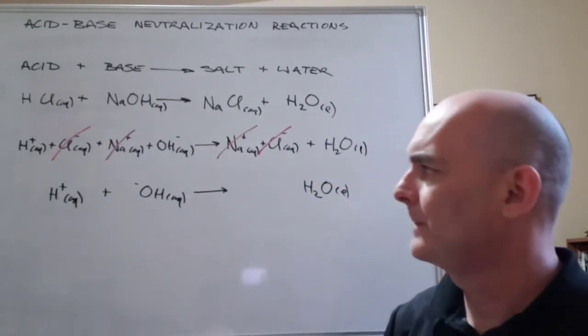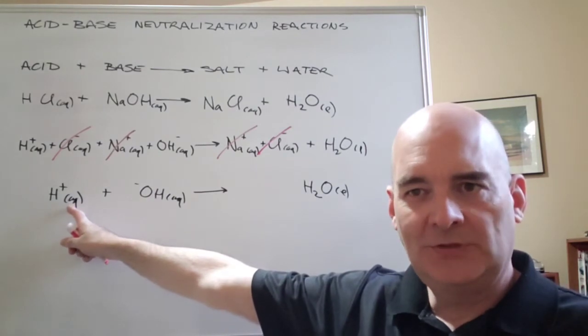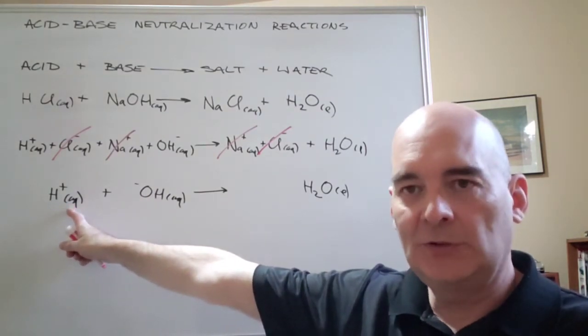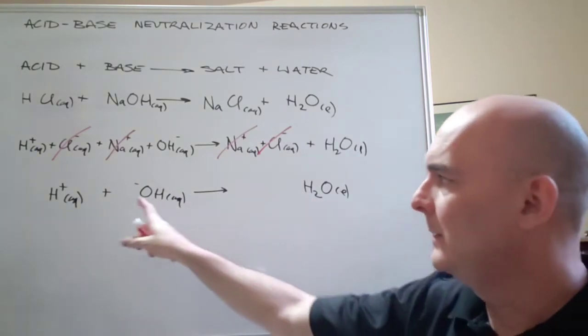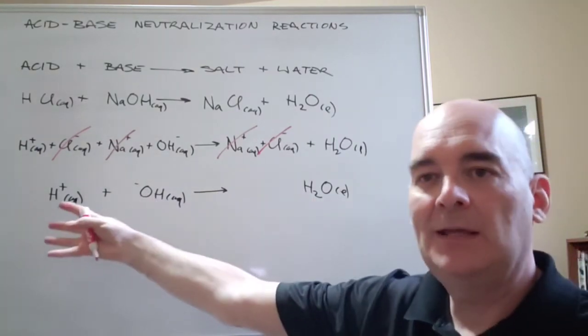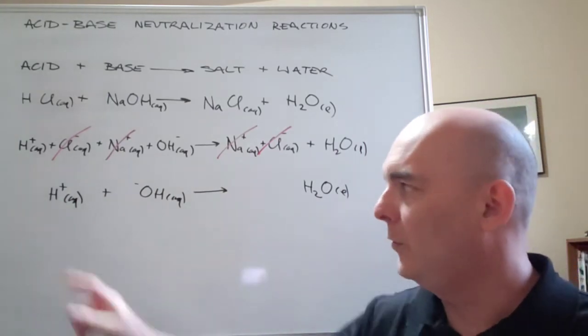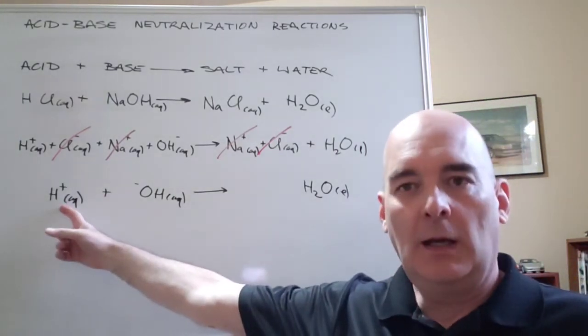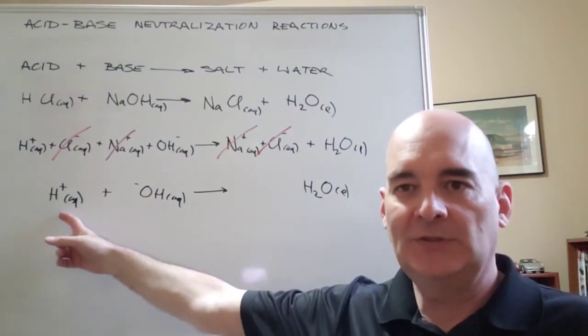They can go. It turns out that acid puts H plus into solution. There is no H plus in my product because the base has taken the H plus out of solution. All acids are a method of delivering H plus into solution.